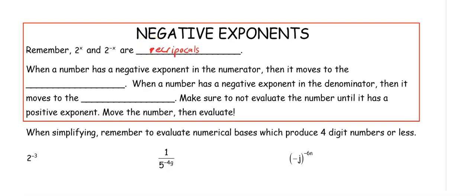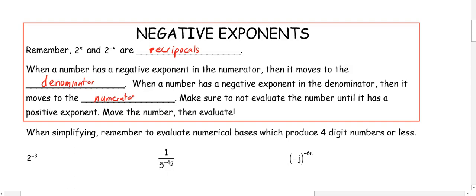So when a number has a negative exponent in the numerator, it's going to move to the denominator of the fraction. And when a number has a negative exponent in the denominator, it's going to move to the numerator of the fraction.